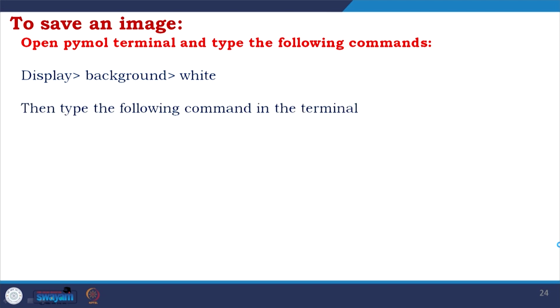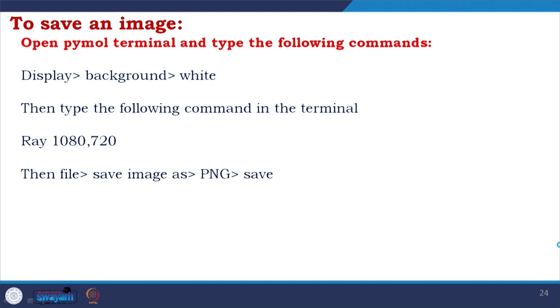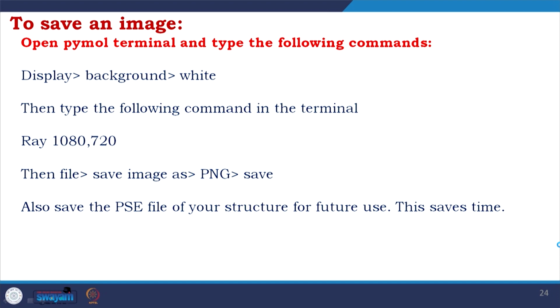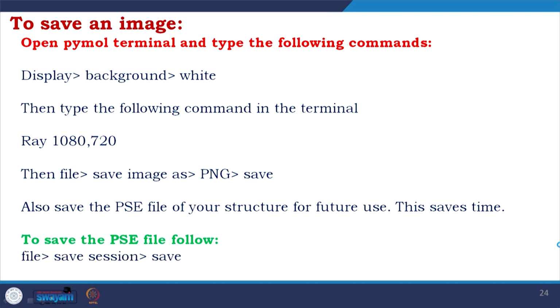You remember I told repeatedly that you have to make your terminal white. Then type the following command in the terminal: ray 1080 720, then file, save image as PNG, save. Also save the .pse file, as I again talk about this, that .pse file helps you to bring the same thing again. To save it, file, save session, save.